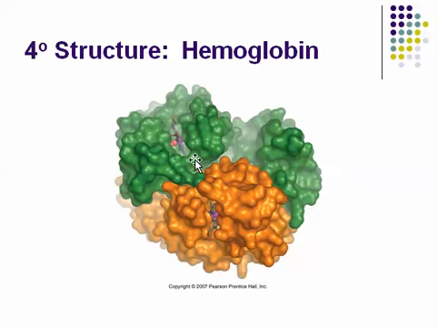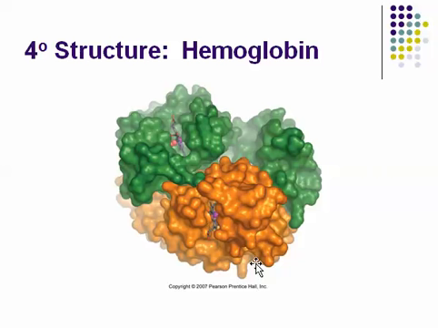Notice that they have kind of done 4 blocks or 4 blobs of hemoglobin that make up hemoglobin. So 4 blobs of protein. We see one blob which is dark green up here at the top, and we see another blob that's a lighter green in the back, and we see the same thing happen here with an orange, and then orange in the back that's a little bit cloudier.